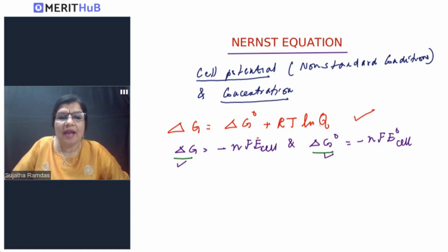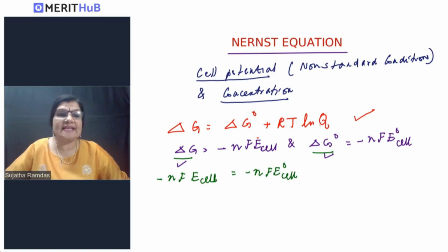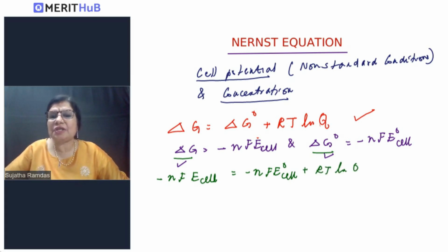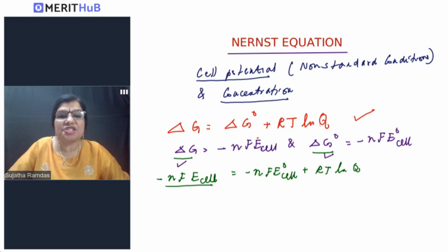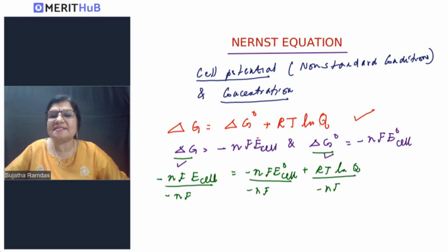So now we have minus nFE cell is equal to minus nFE naught cell plus RT ln Q. Let's divide the entire equation by minus nF.